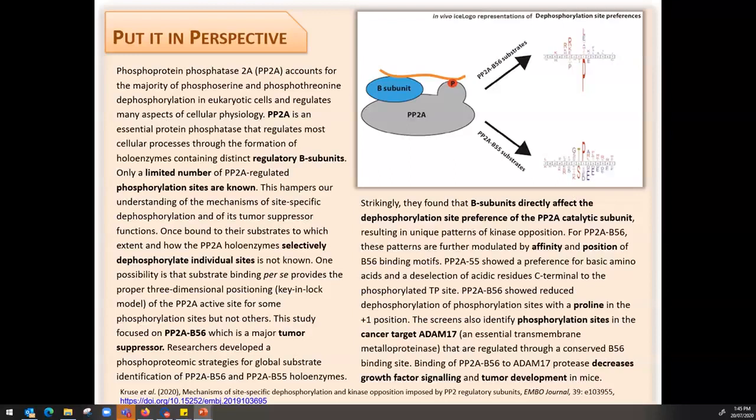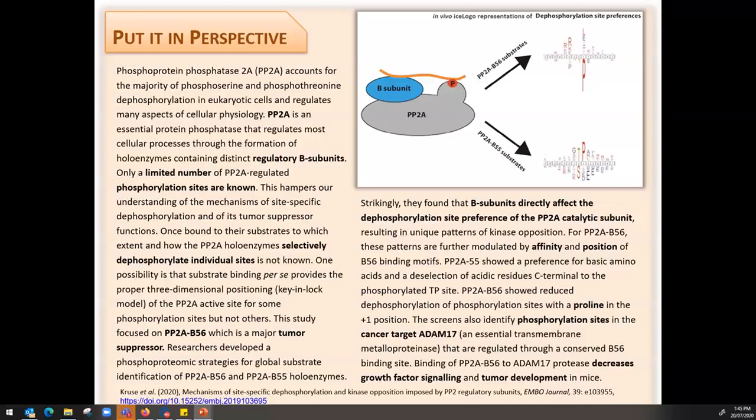Now, this hampers our understanding of the site-specific dephosphorylation and also how it can suppress tumours. We know that the PP2A can selectively dephosphorylate individual sites, but how that occurs, we still do not know.